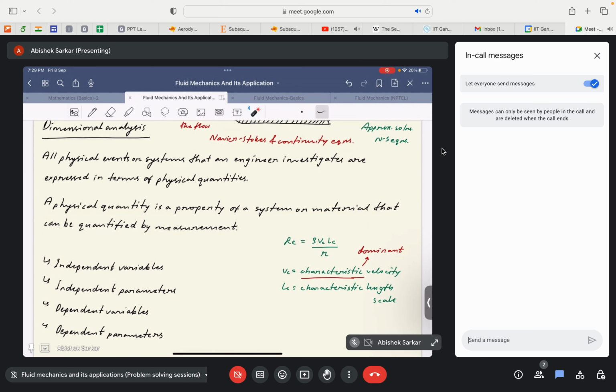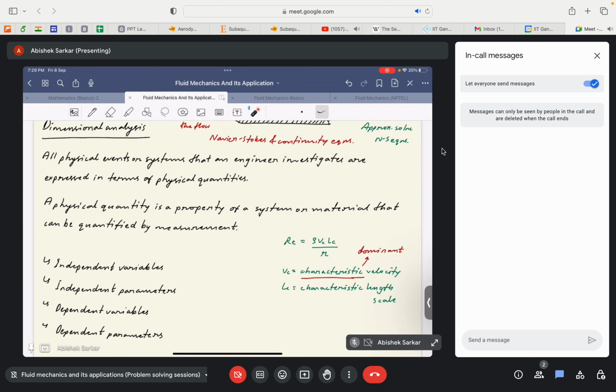So since you know the unit systems, taking a particular unit system as our way of measurement, these flow parameters or flow variables can be quantified.